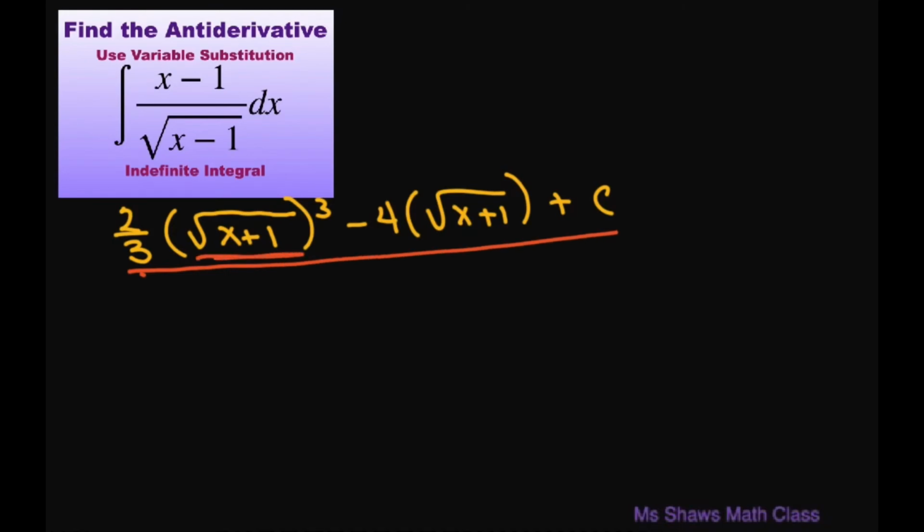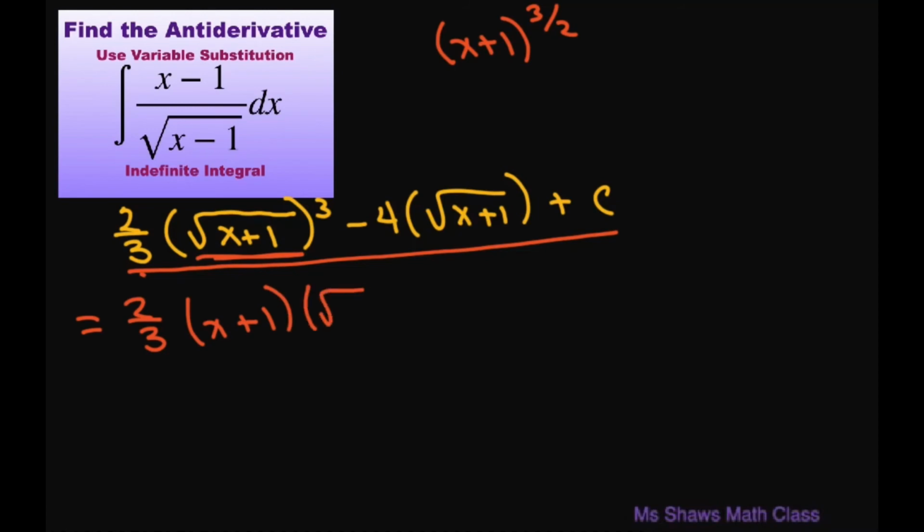Let's break this up. Remember, this is really x plus 1 to the power of 3/2. So I can rewrite this as 2/3 times x plus 1 times the square root of x plus 1. That's equivalent to this. Minus 4 times the square root of x plus 1 plus c. And then factor out this common factor.